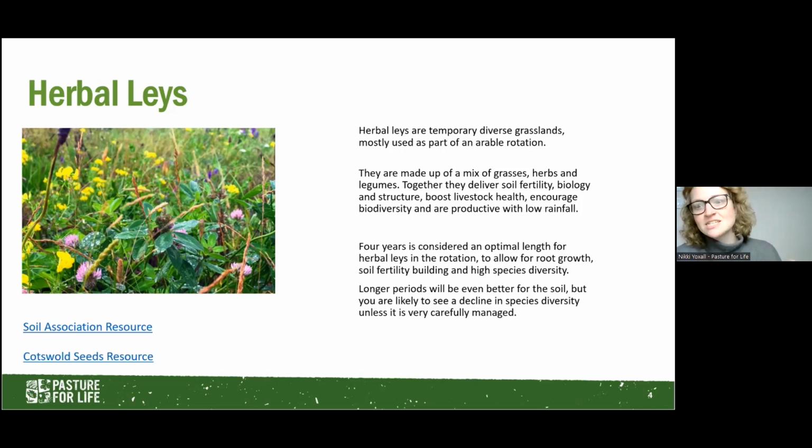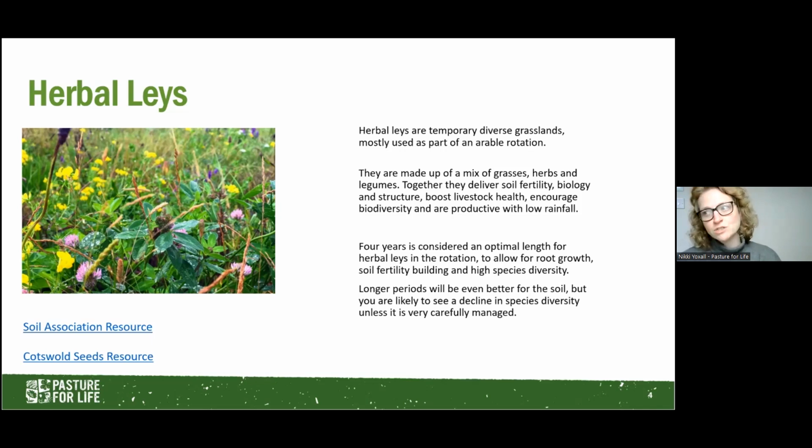So 4 years is considered this kind of optimal length, which allows for root growth, soil fertility building, and increases that high species diversity. But if you can keep it going for even longer, then absolutely you're going to see better outcomes for soil, although you may well see a decline in species diversity unless they're carefully managed and allowed to go to seed.